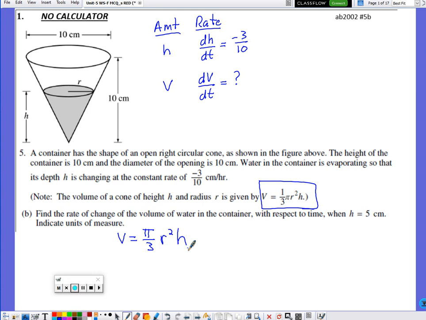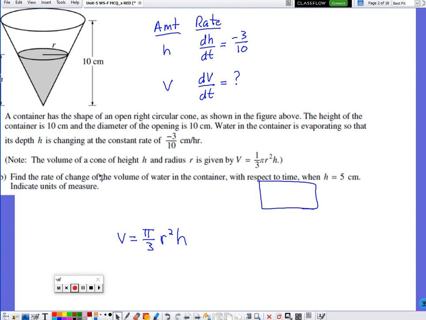So the next step is to differentiate this equation with respect to time. So I d/dt both sides. I'm going to go to a new page here so I can get a little more room. So let's copy this. Let's move this out of the way.